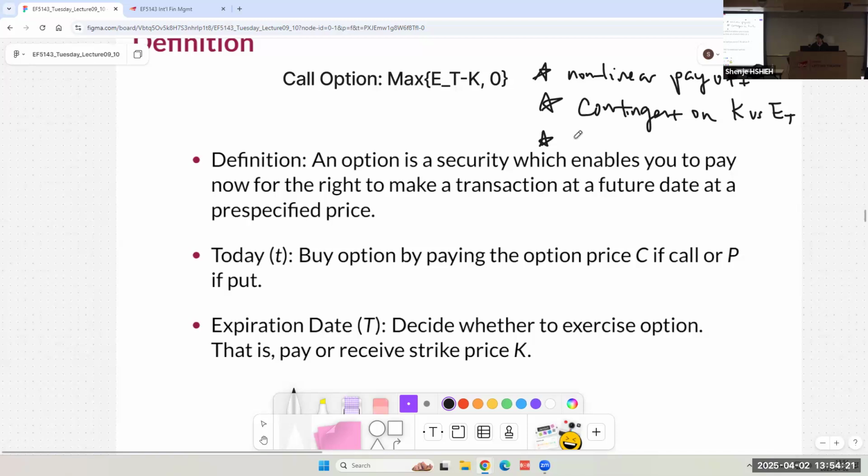And secondly, the option has value at T equals 0. So remember your swaps discussion: nothing is exchanged, but the value of the contract is 0 at time 0.